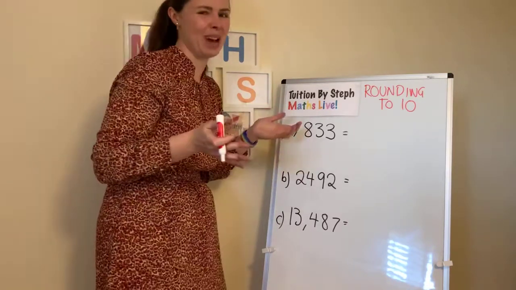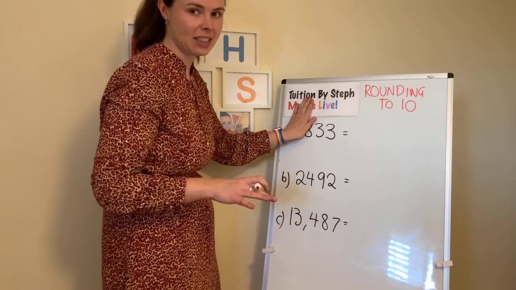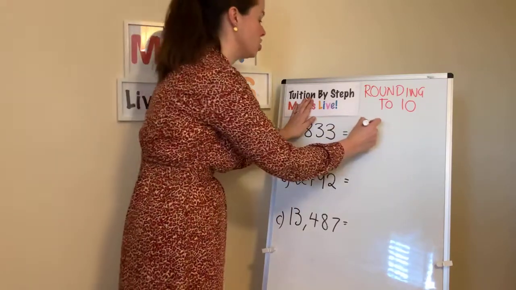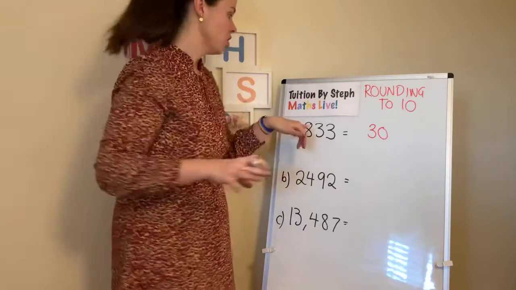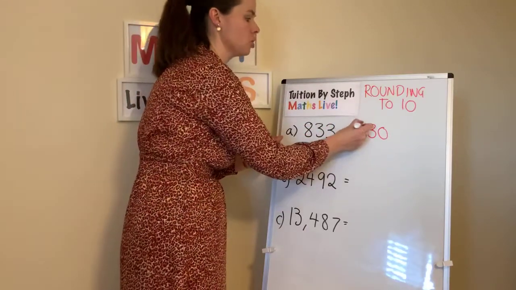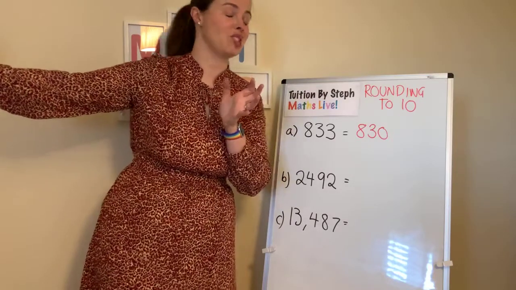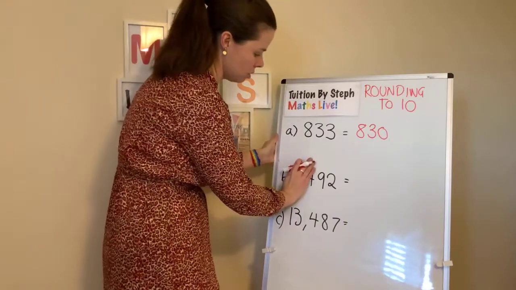It's always something that happens during a maths live lesson. Right, so you correctly thought, 33 to the nearest 10 is 30. But don't leave that as your answer. Don't forget to put your hundreds back, because 30 is a long, long way from 833, so don't forget that.